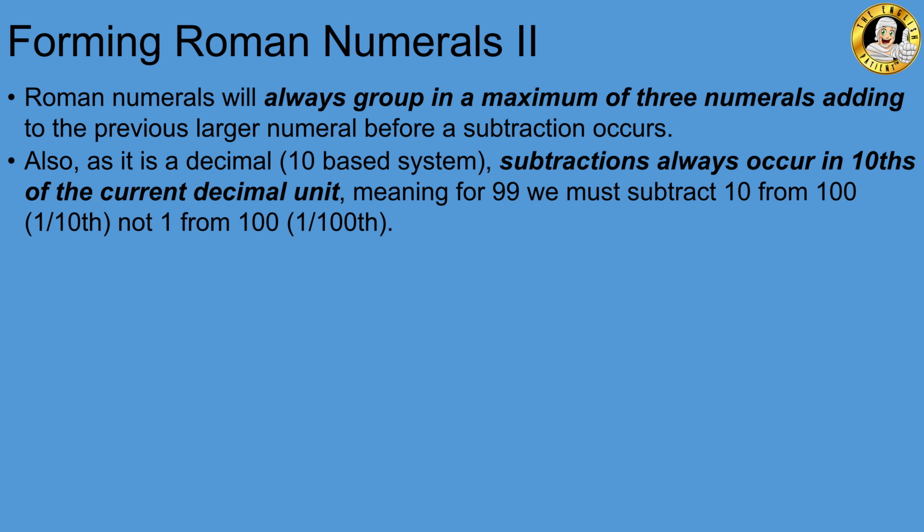Subtractions always occur in tenths of the current decimal unit, which means that for the number 99, we must subtract 10, which is 1/10 of the current decimal unit, which will add up to 100. So 1/10, not 1 from 100. So I cannot subtract 1 simply from 100 because that is a unit of 100th. And we are working in units of 10, not in units of 100.